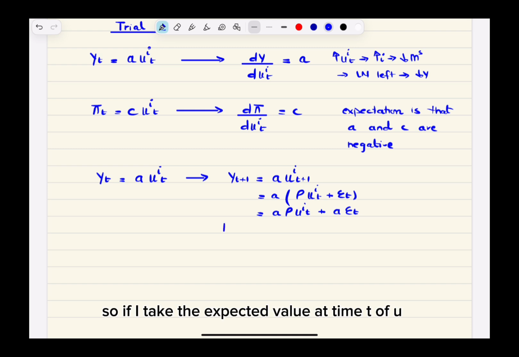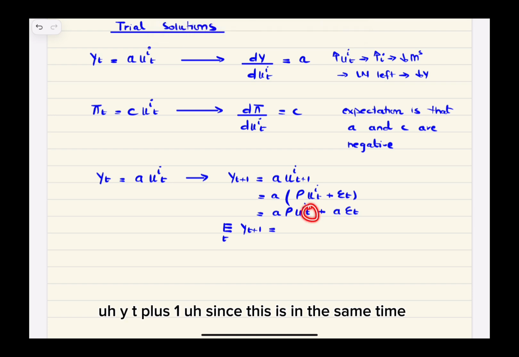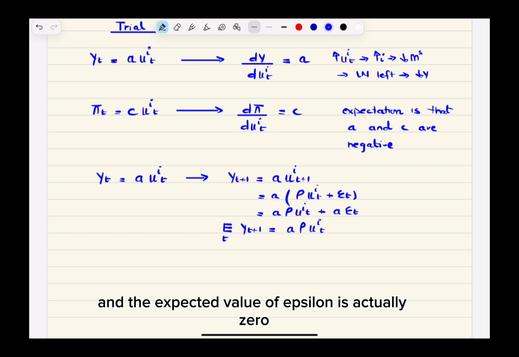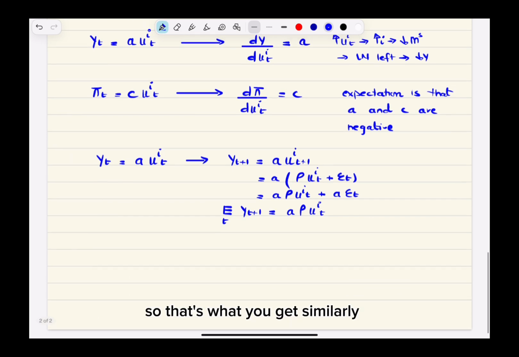So if I take the expected value at time t of y_{t+1}, since this is the same time, you expect the value that you see right now, so there's no expectation sign here, and the expected value of epsilon is actually 0, so that's what you get.